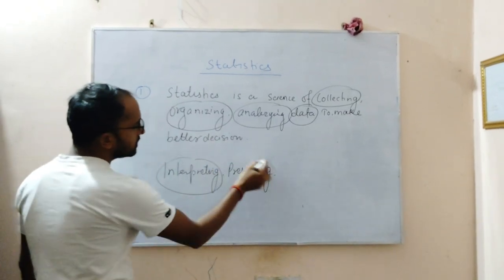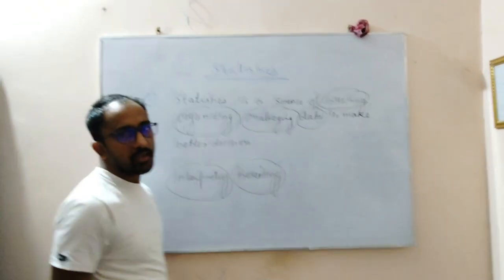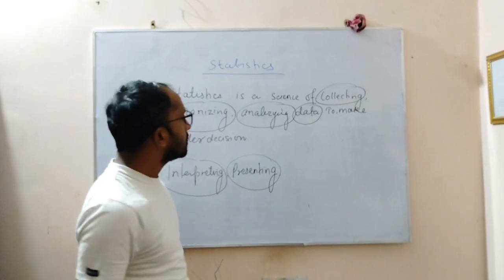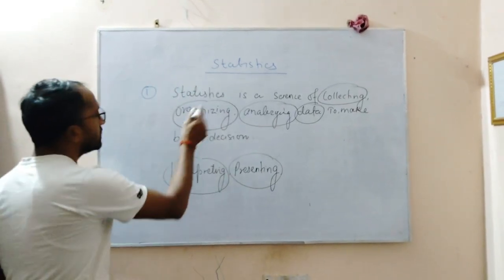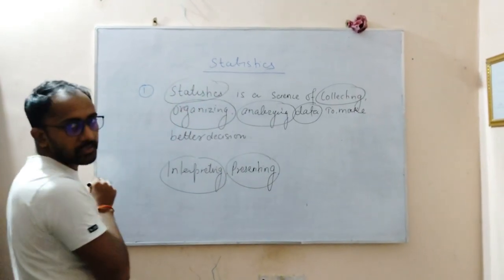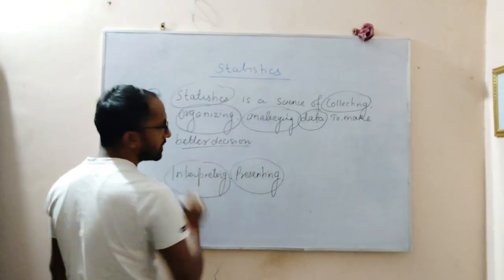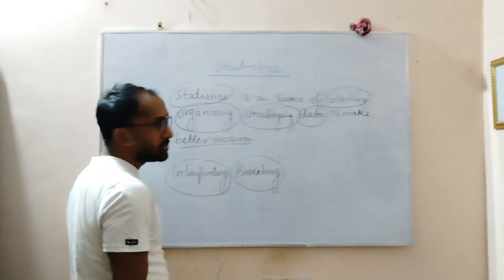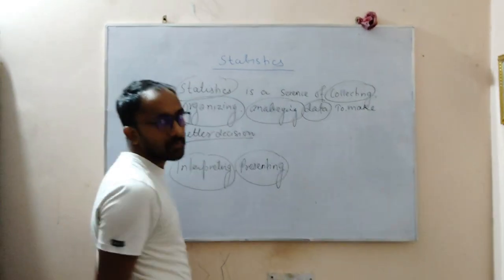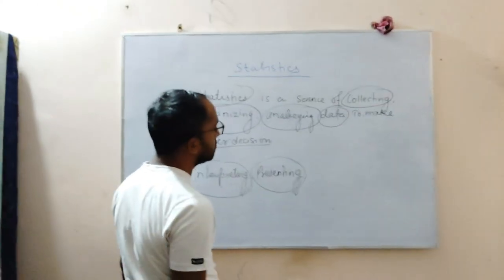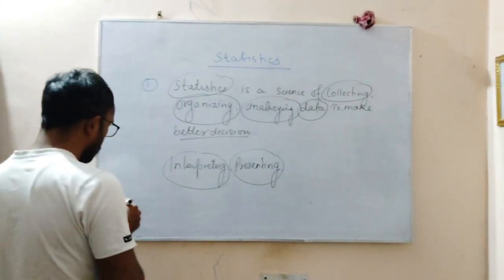So these are the components that may be included in statistics to make better decisions, to make predictions for businesses, what will happen in the future, in the upcoming future.